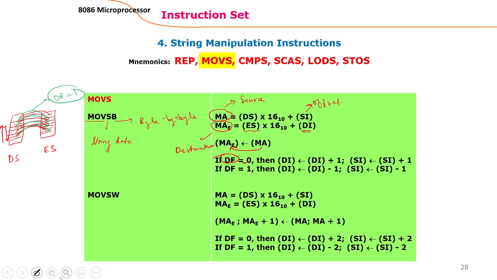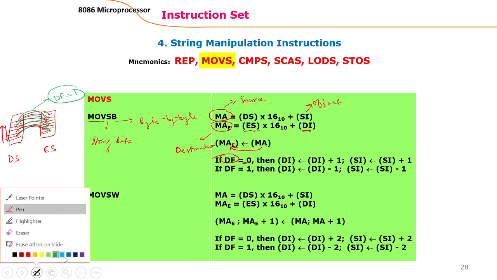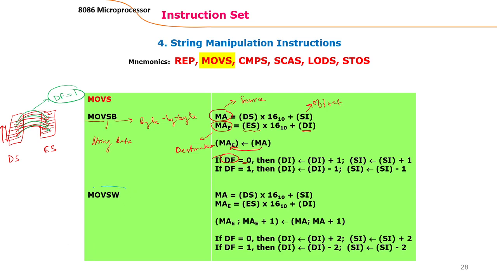Similarly, we can have the movement of data in case of a word. If a word movement is there, the movement will be considered when the source byte is moved to the destination, and the one higher address, source plus 1, will be moved to destination plus 1.